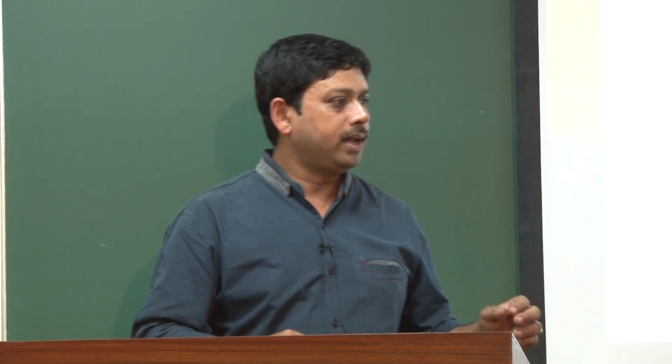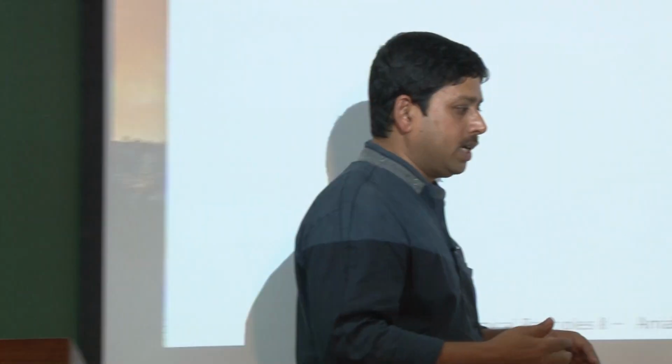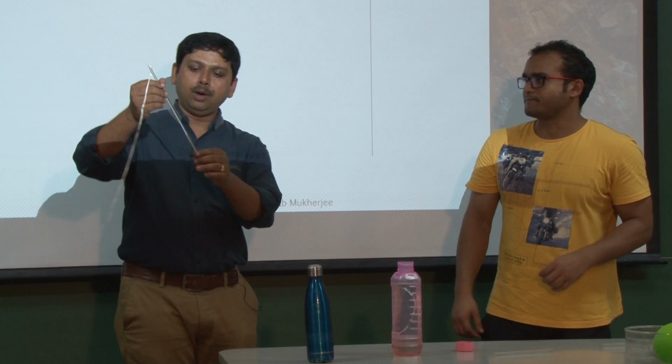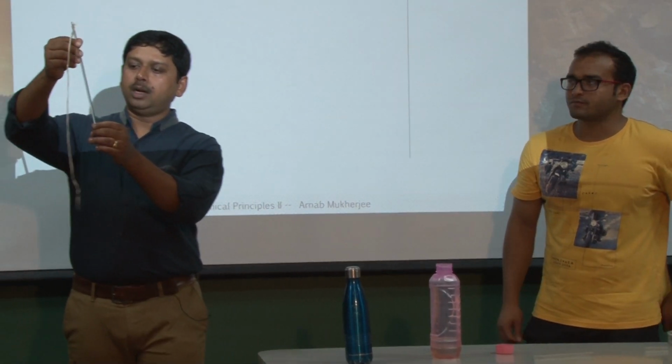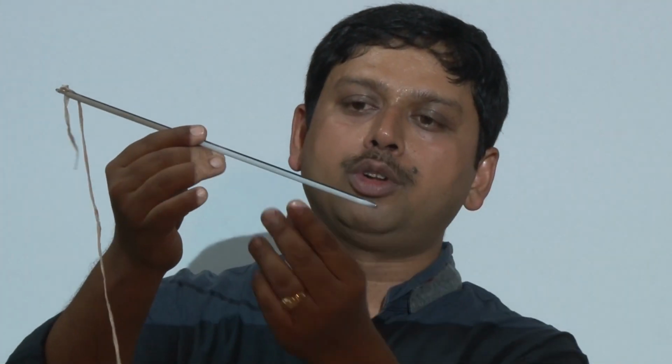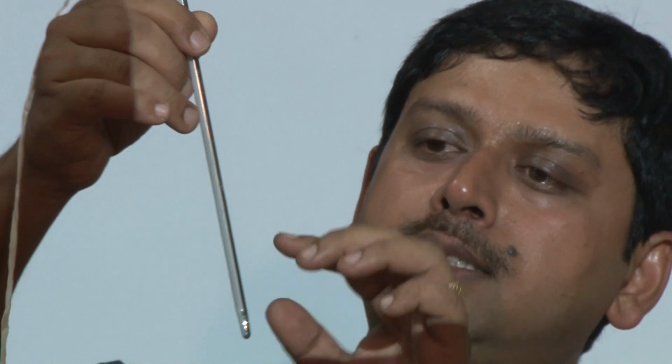Before we go further, we are going to demonstrate how a particular quantity, when it comes into equilibrium with another, gives rise to a change in that property. Right now, this thermometer, which you can say is the C object we are talking about, has a certain volume here, and we have some gradation in the capillary.